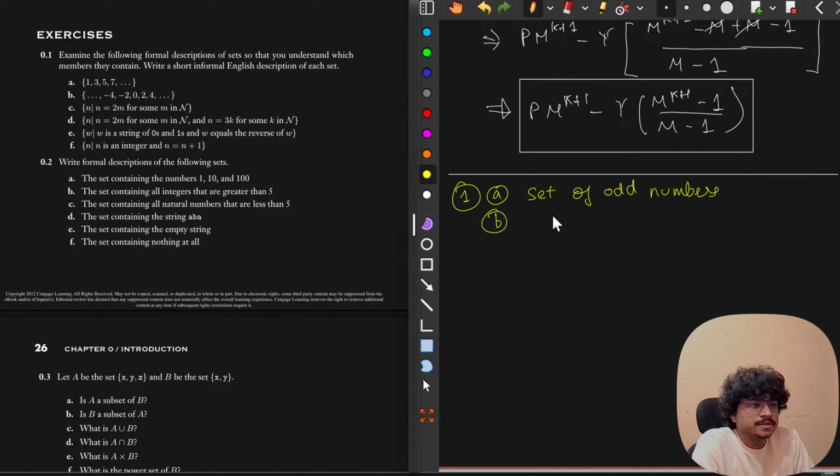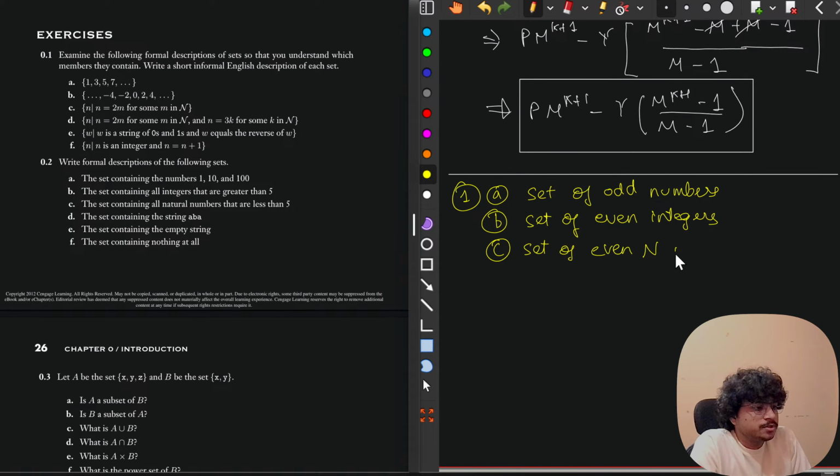Then it is the set of even integers. Then I see n equals 2m for some m in N, the set of even natural numbers.